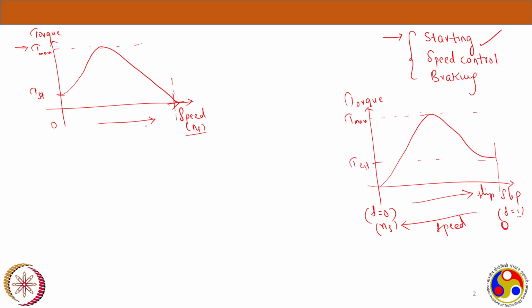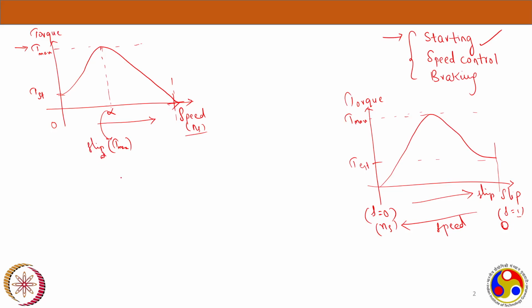This is how a torque speed curve would look. Now if you mark the maximum torque, we call the slip at which Tmax occurs alpha. Slip at Tmax.